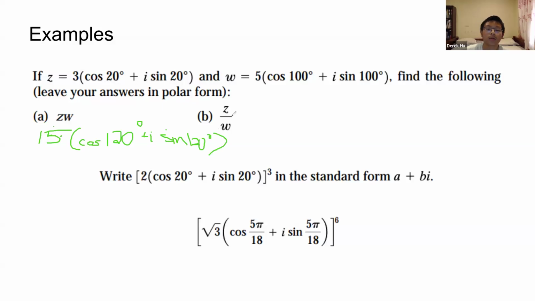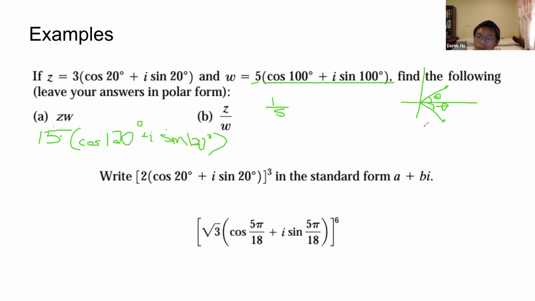And then for the second one, we have to first find the reciprocal of w. That will be the same as finding the reciprocals of the distance and the angle part here. So the reciprocal of 5 is 1/5, and then the reciprocal of this complex number is the same as negating its angle, since we learned on Monday that if we have some complex number, then 1 over that complex number is just flipping it over the x-axis.